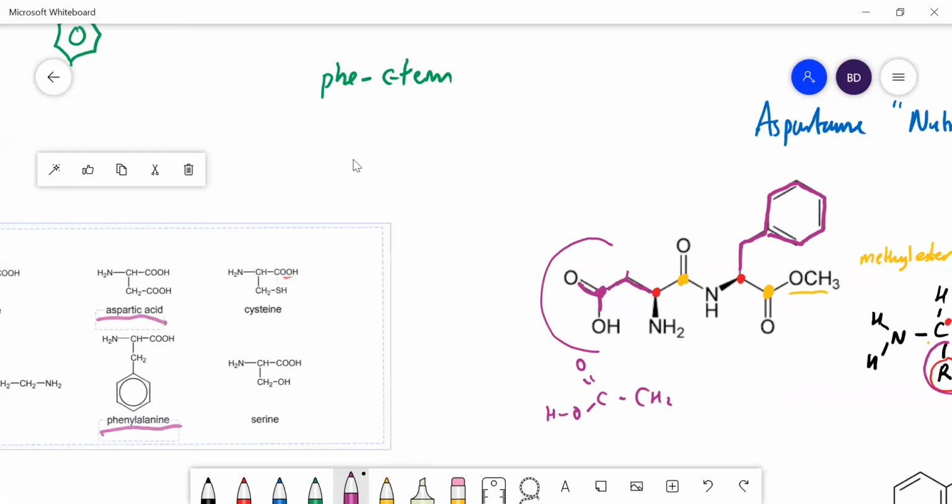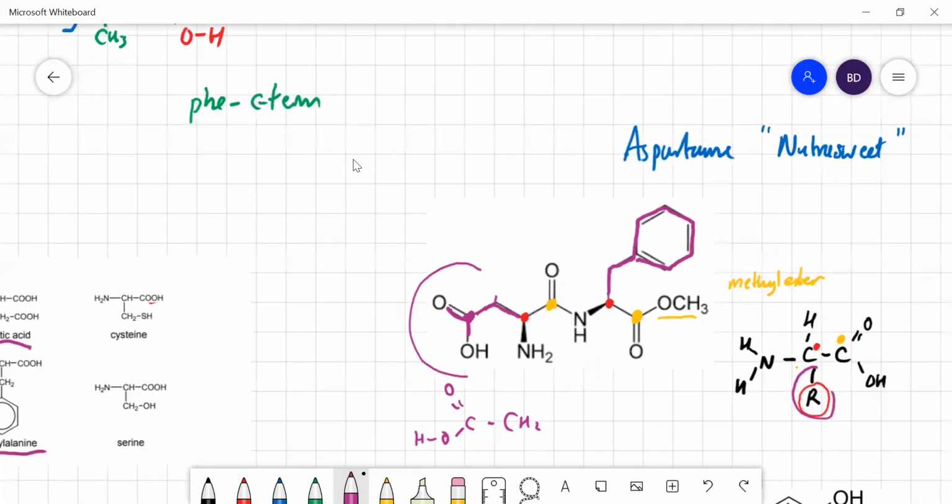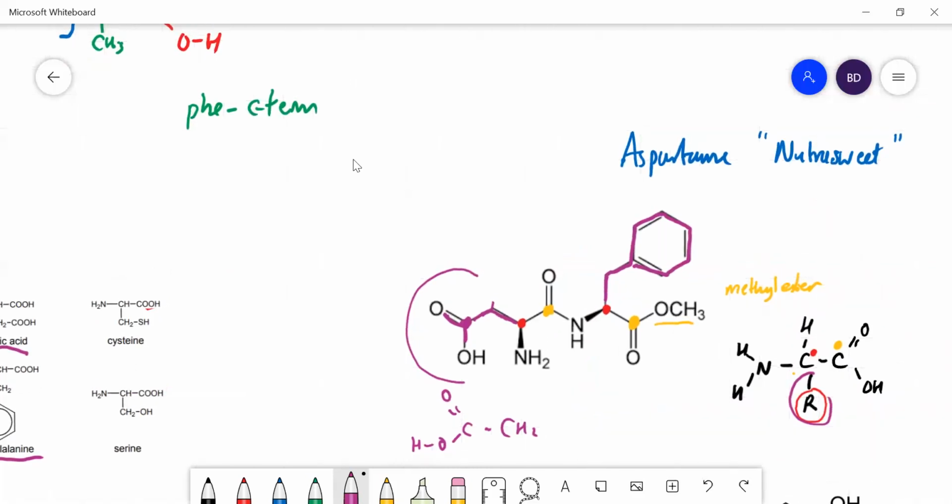So aspartame is a dipeptide of aspartic acid here, the N terminus, and phenylalanine, the C terminal amino acid, and it's a little bit modified because it is a methyl ester, and that tastes very sweet.